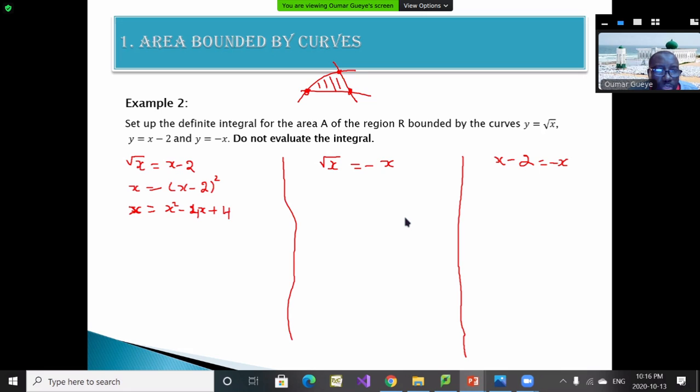Now I'm going to move the x here from left to right. So I'll get x squared minus 5x plus 4 equal to 0. Is it okay up to here?